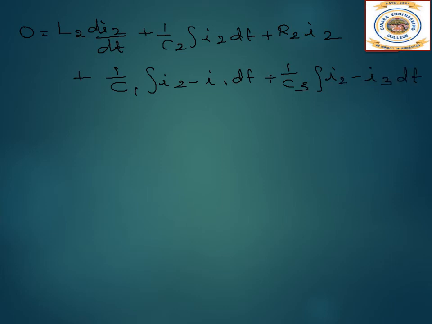This will be equation 2. Coming to equation 3, 0 is equal to 1 by C3 integral I3 minus I2 dt plus R3 into I3 minus I1.